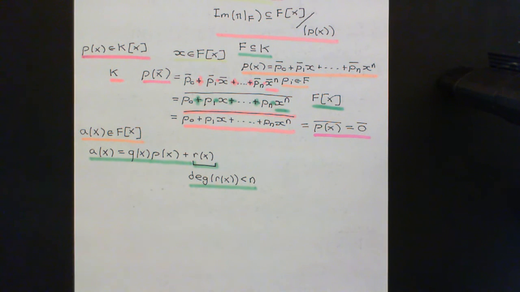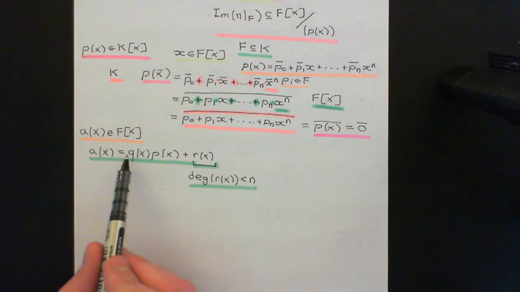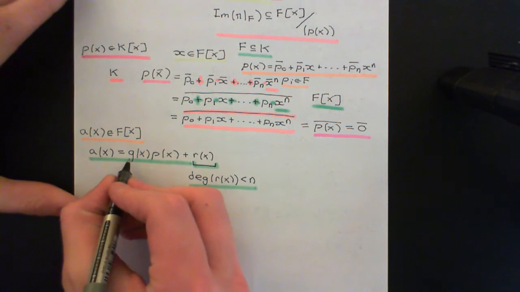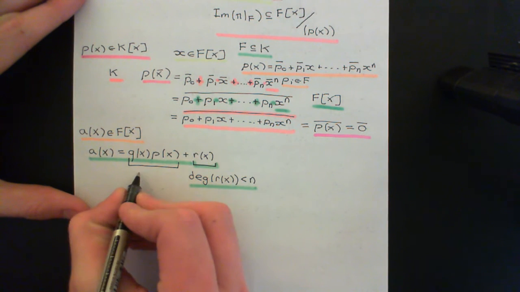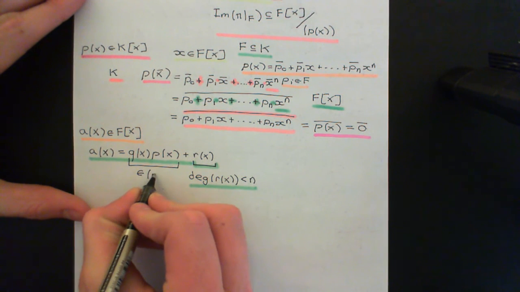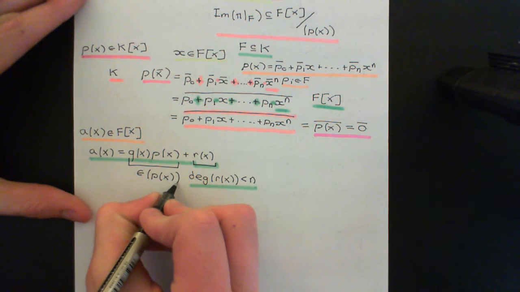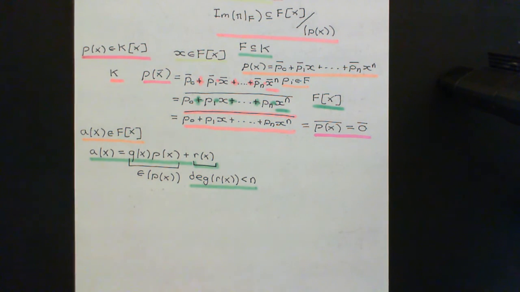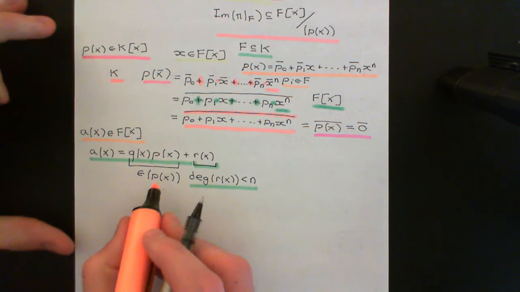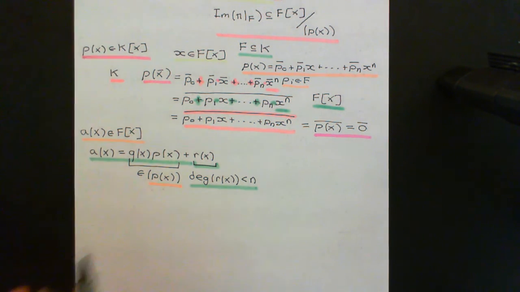Okay, now why is this interesting? Well, of course, look at this. Q of x times p of x, that is exactly something that's going to be in the principal ideal generated by p of x. Remember, the principal ideal generated by the polynomial p of x is just the polynomial p of x multiplied by all other polynomials in the ring of polynomials over that field.